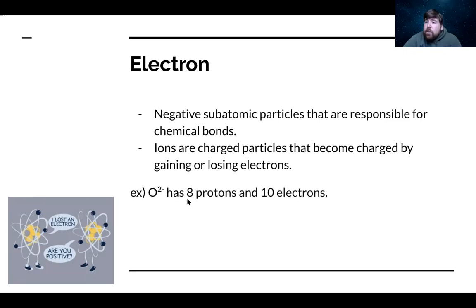Normally, when we're looking at an element, the number of protons and electrons are equal if that element is neutral, but it can gain and lose electrons to become positively or negatively charged. So in the example of oxygen 2-, oxygen has 8 protons and 10 electrons. It's going to have a charge of -2 because it has two more of the negatively charged particles.